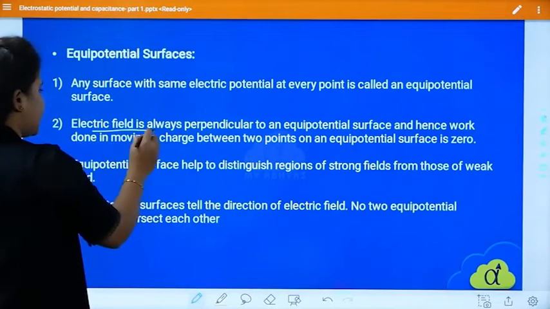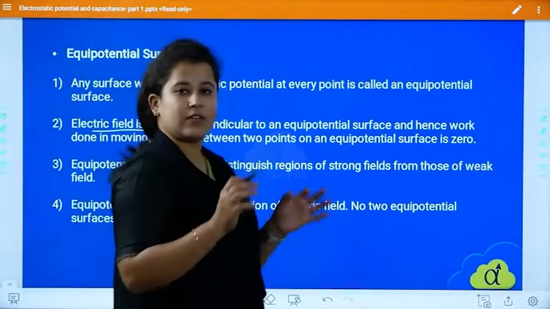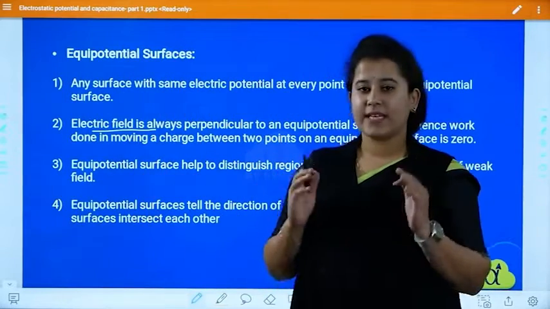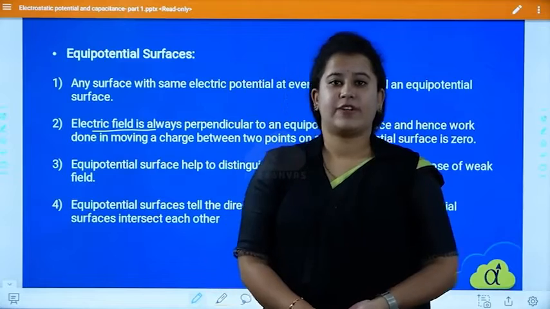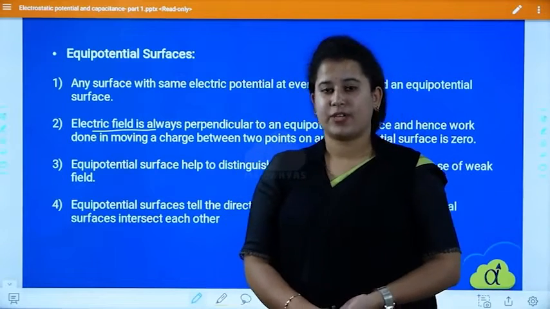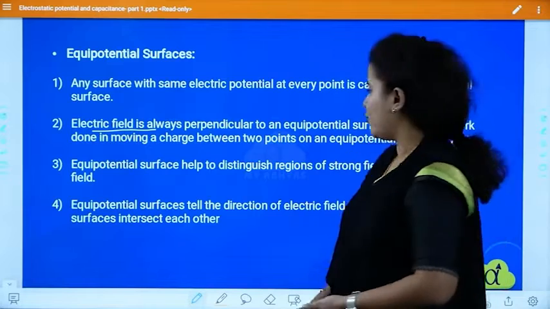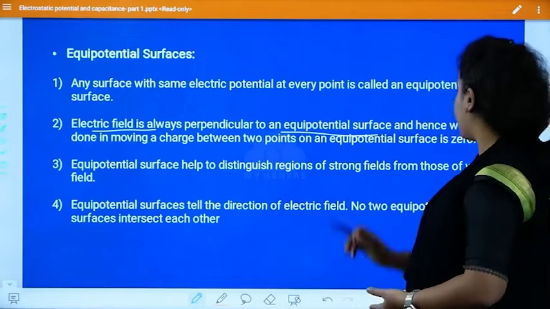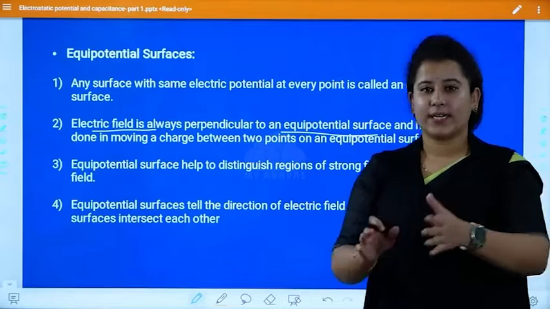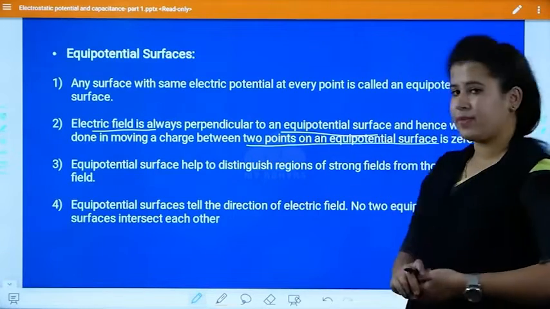Coming to the next, the electric field is always perpendicular to the equipotential surface. This is very important because we will derive an equation further which relates electric field and electric potential. So the electric field is always perpendicular to what? To an equipotential surface. So on an equipotential surface, the work done in moving a charge will be 0. Why?